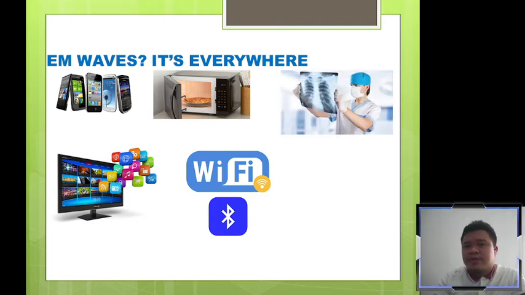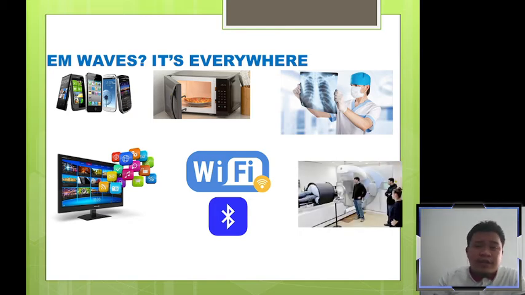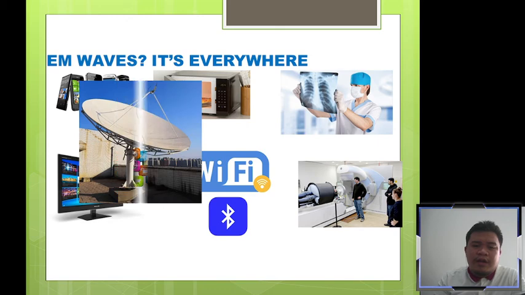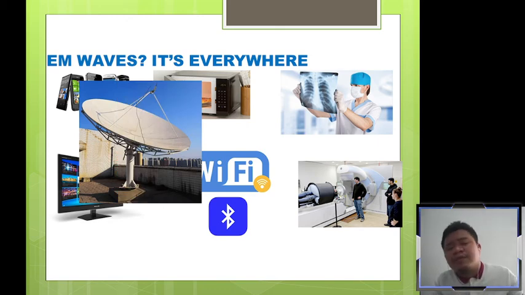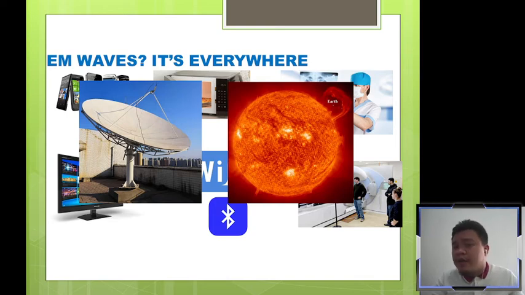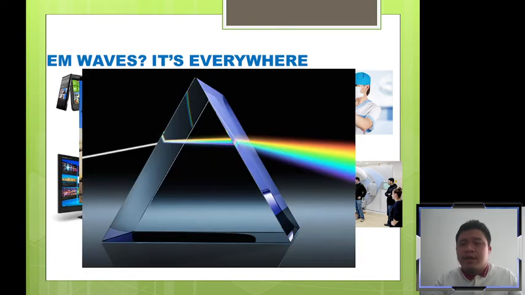We also have some X-rays used in medical diagnostics, radiotherapy, and even collecting observations from distant galaxies. Even our sun emits an EM wave, and light itself is a form of an EM wave. So therefore, we can say that EM waves are actually everywhere. So we are actually surfing in this sea of EM waves every day.